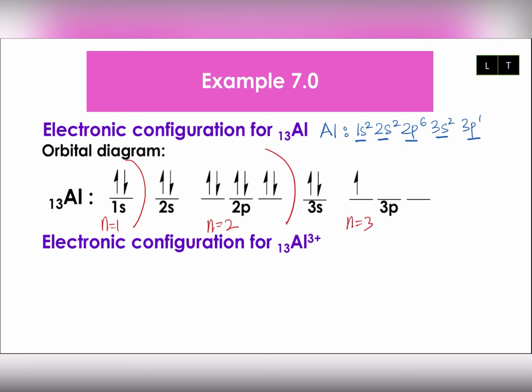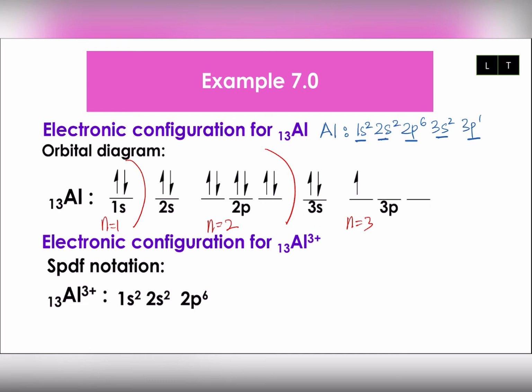So n equals 3 is the highest energy level, where you have 3 electrons in the outermost shell. So I'm going to remove 3 electrons from here. What's left for the SPDF notation of Al3+ is 1s2, 2s2, 2p6. No more orbitals for 3s and 3p because they are empty already.